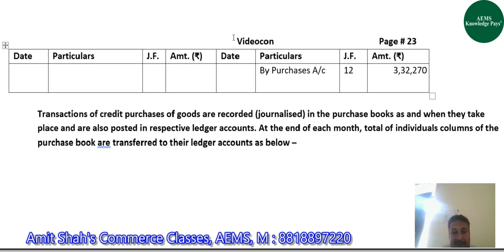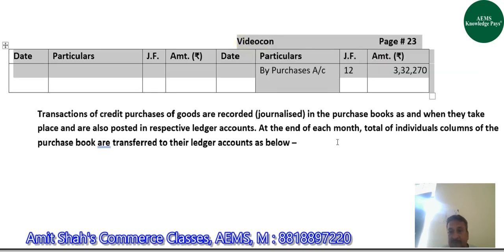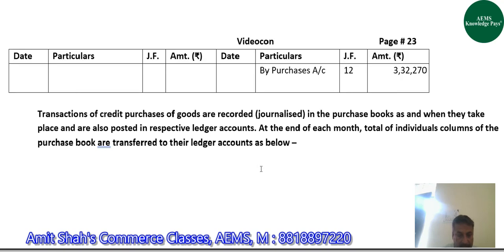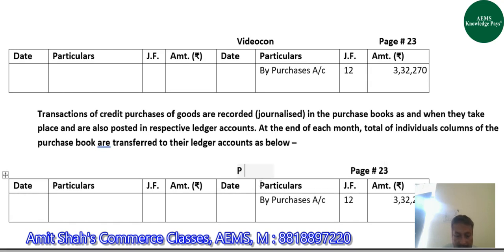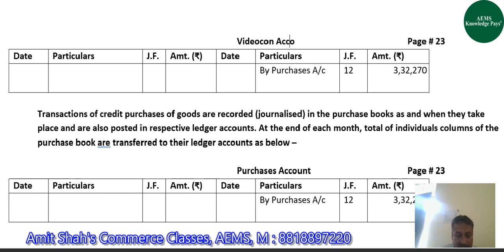How? Let's understand that, guys. This is purchases account. This was Videocon's account. Let's say purchases account is on page number 4.